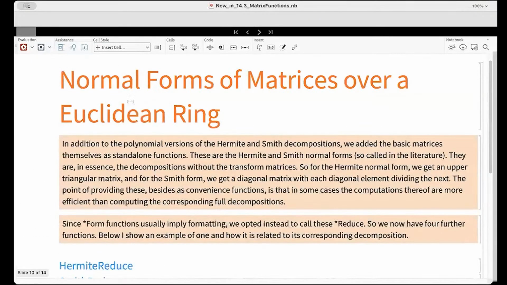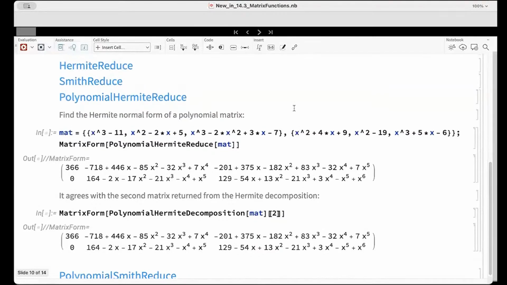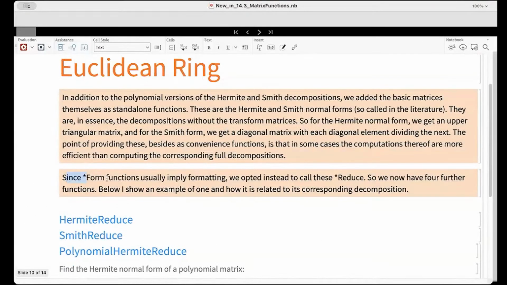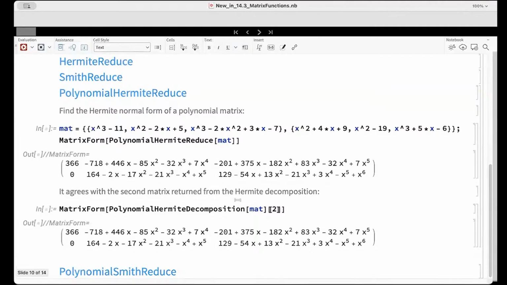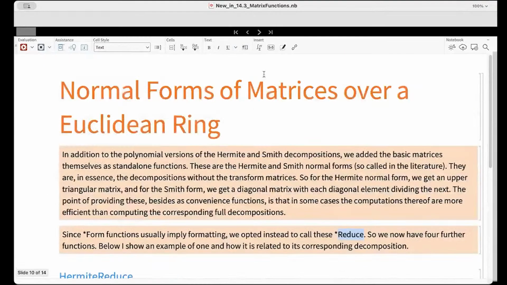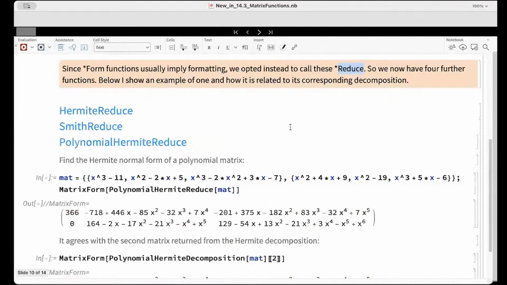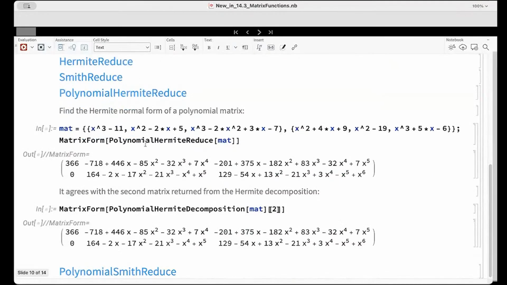Now, why do we call this HermiteReduce instead of Hermite normal form? Well, simply enough, form functions in the Wolfram Language usually refer to formatting, InputForm, StandardForm, etc. So we opted instead to use reduce because they're, in a sense, reductions as well as being normal forms. Essentially they're all similar, but I provided a simple example here.